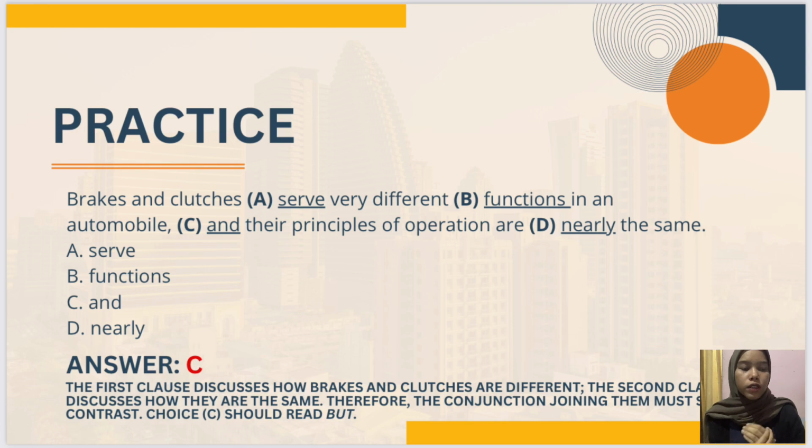So for answer C, which is and, we should replace it with the conjunction but. So the correct sentence is: brakes and clutches serve very different functions in an automobile, but their principles of operation are nearly the same.